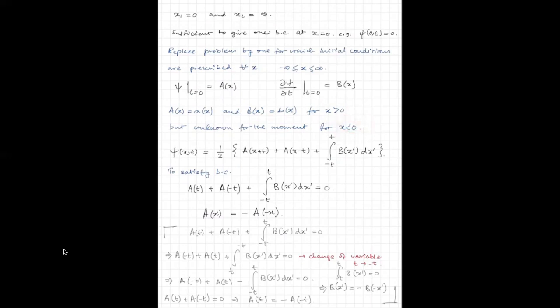What we do is we go through this and write down the solution now, which is the thing that we know from earlier, but we also need to satisfy this extra boundary condition.